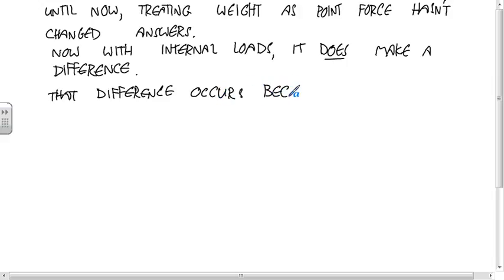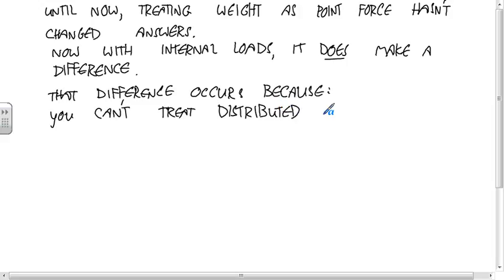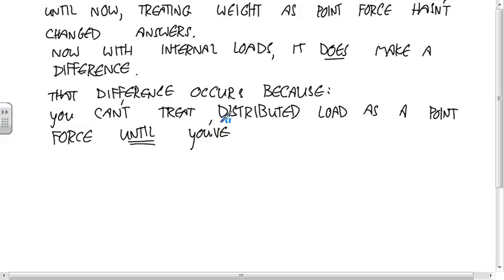It occurs because you can't treat a distributed load as a point force until you've chosen the body to isolate.